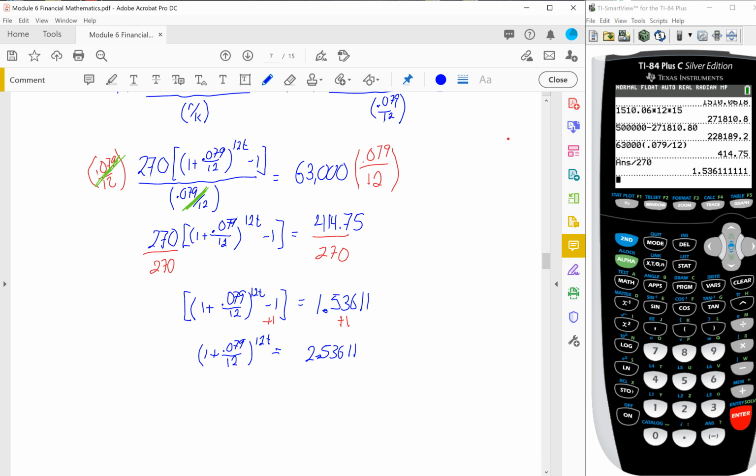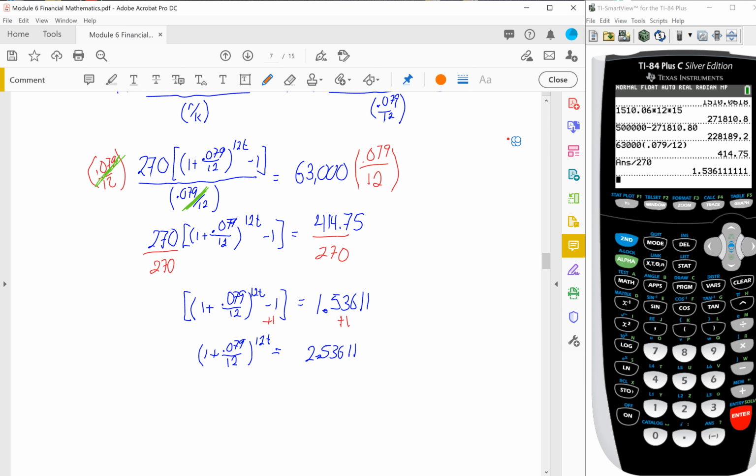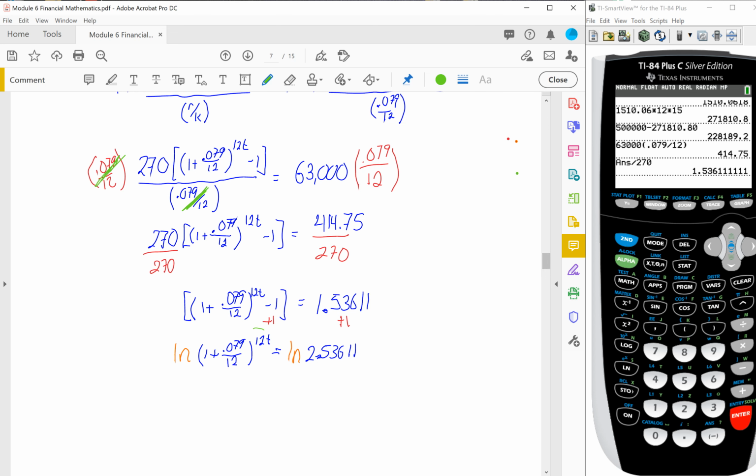Okay, now using the work that we did from back in chapter 5, I want to get this t out of the exponent. So this is where we choose to apply a logarithm to both sides. And I like using the natural log.